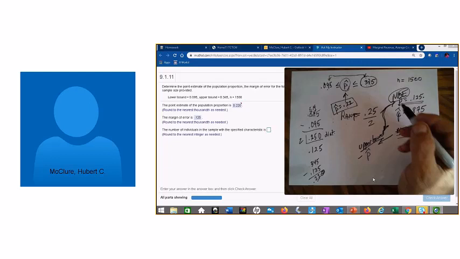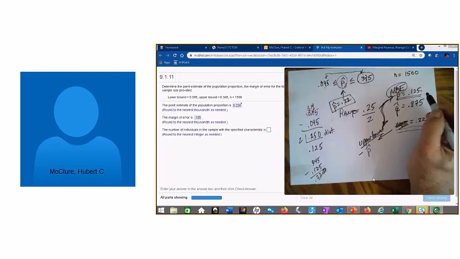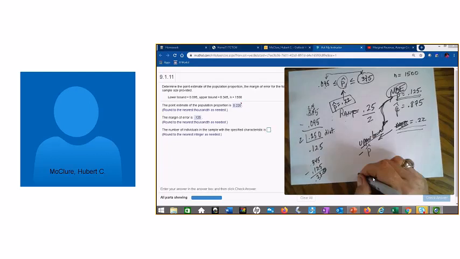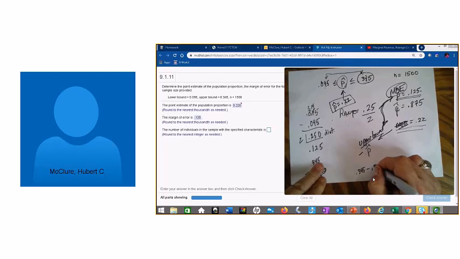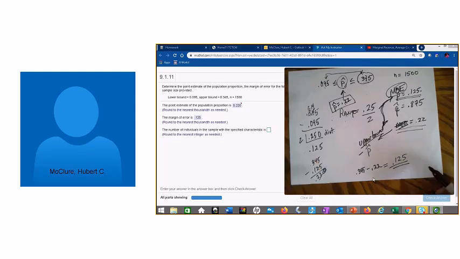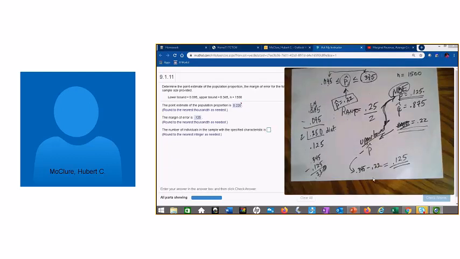So that means 0.345 minus 0.22, and that should give you 0.125. So it's kind of like your midpoint. Find the midpoint, and then once you find the midpoint, subtract it from the upper bound, or add it, or take the lower bound from it.